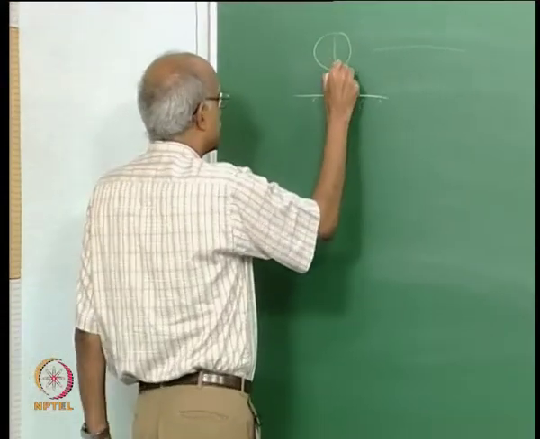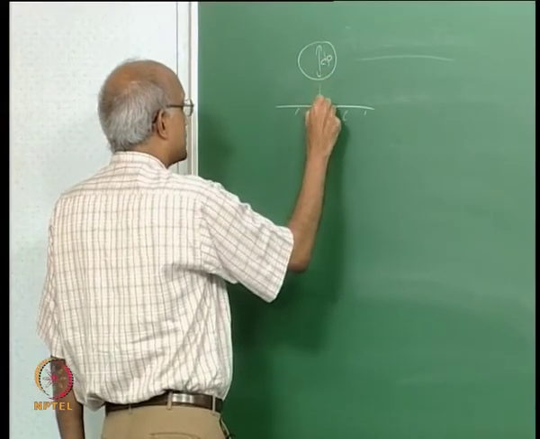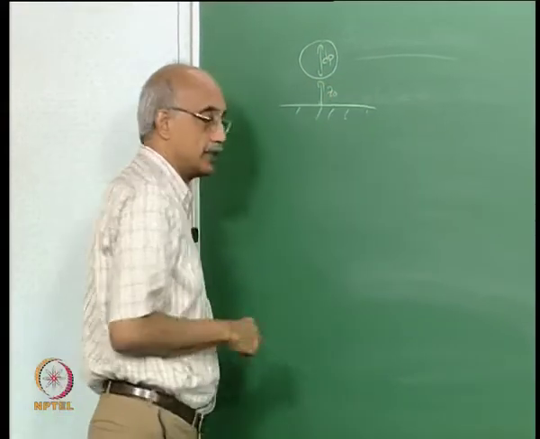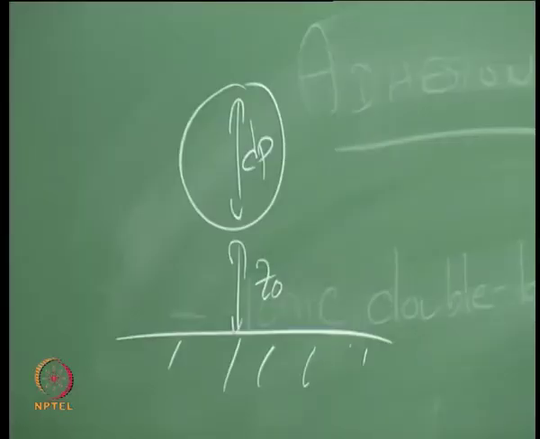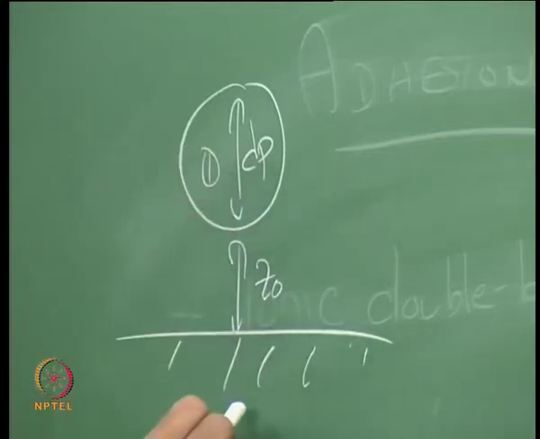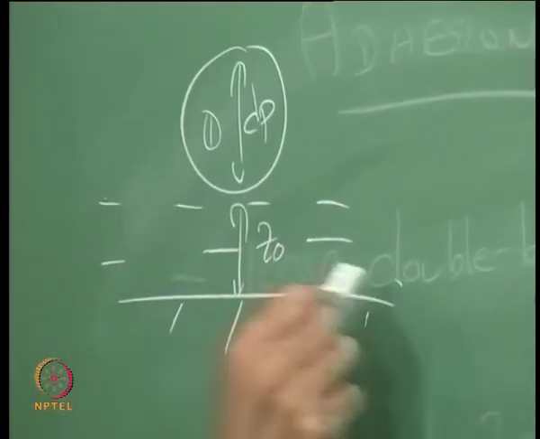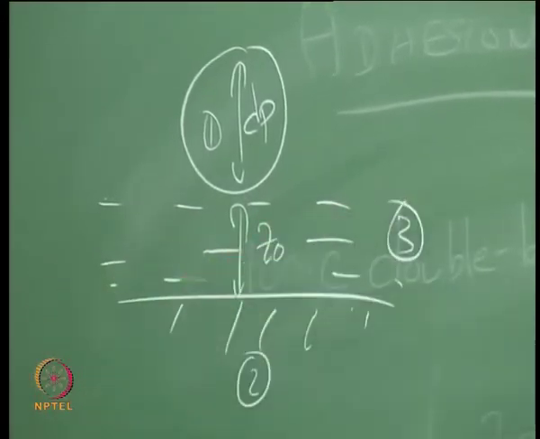Let's say that the diameter of the particle is some dp, and this distance from the end of the particle to the surface is some z0. And again, let's call this material 1, the surface is material 2, and the intervening fluid, let's call that material 3.